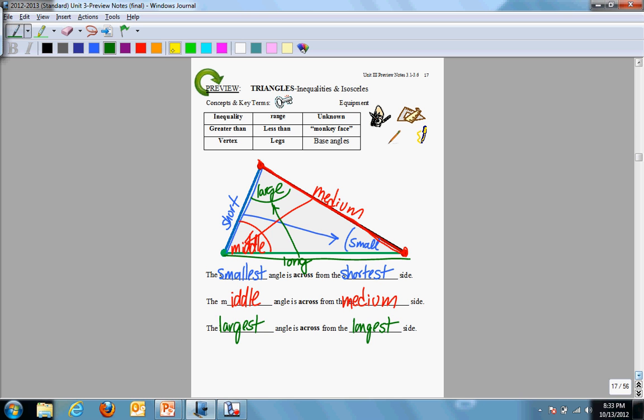So say this out loud and circle. Smallest, shortest. Middle, medium. Largest, longest. The sides and angles coordinate, small, medium, large, opposite one from the other.